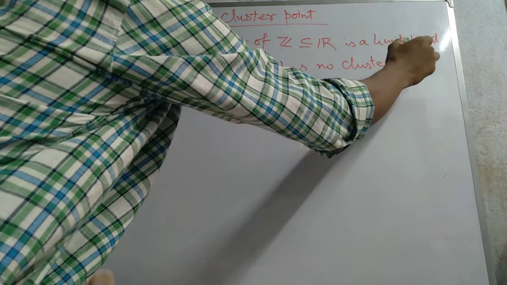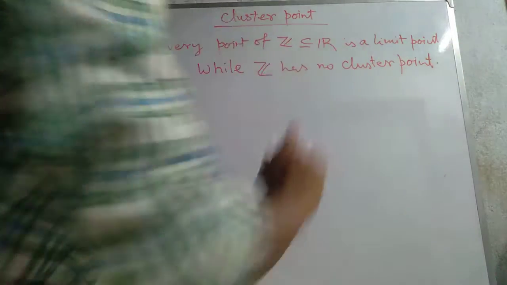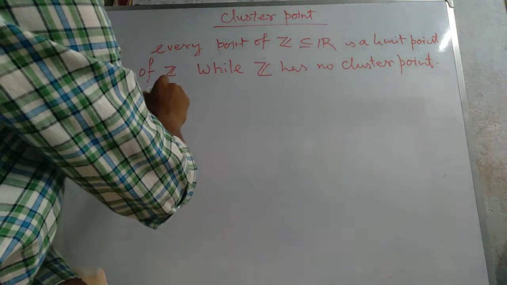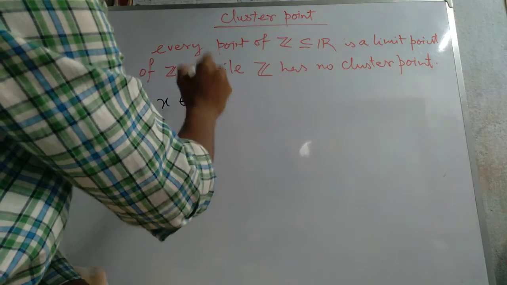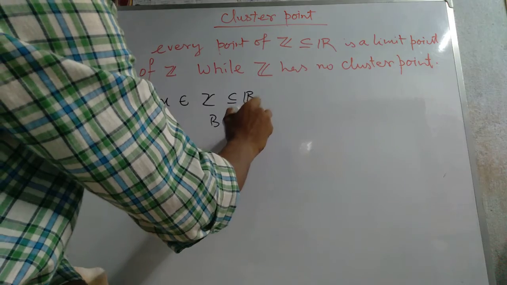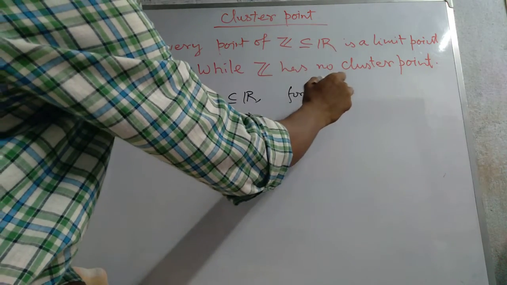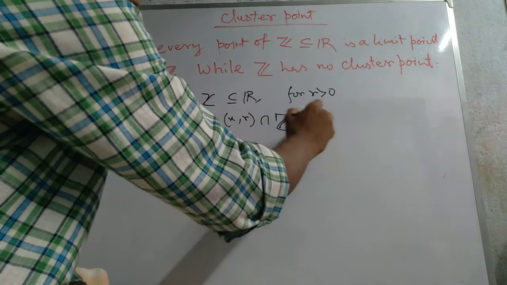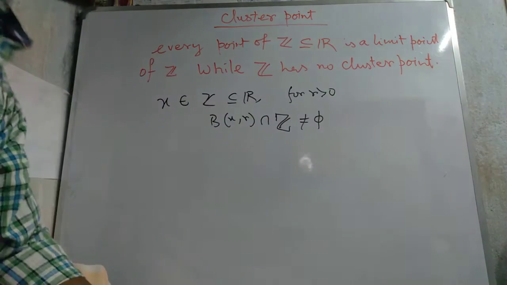We know the definition of a limit point: a point X belonging to Z, a subset of R, such that we construct P(x,r) for r greater than 0 and its intersection with Z is not equal to phi.